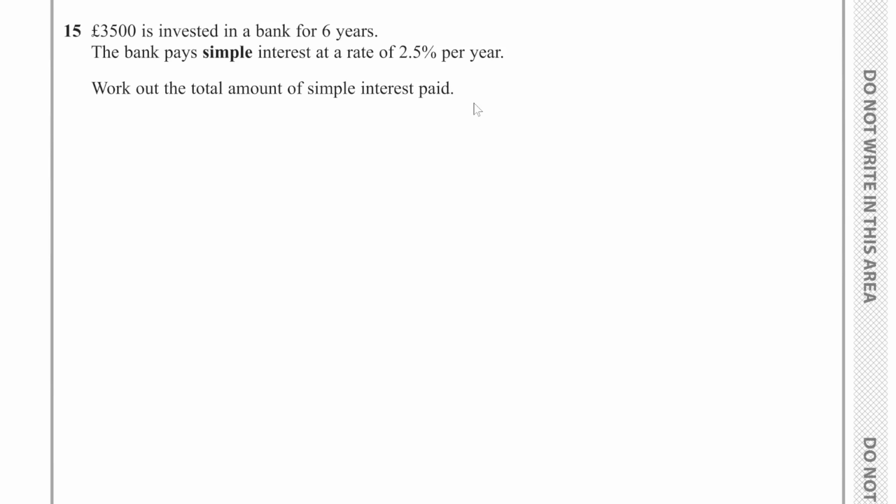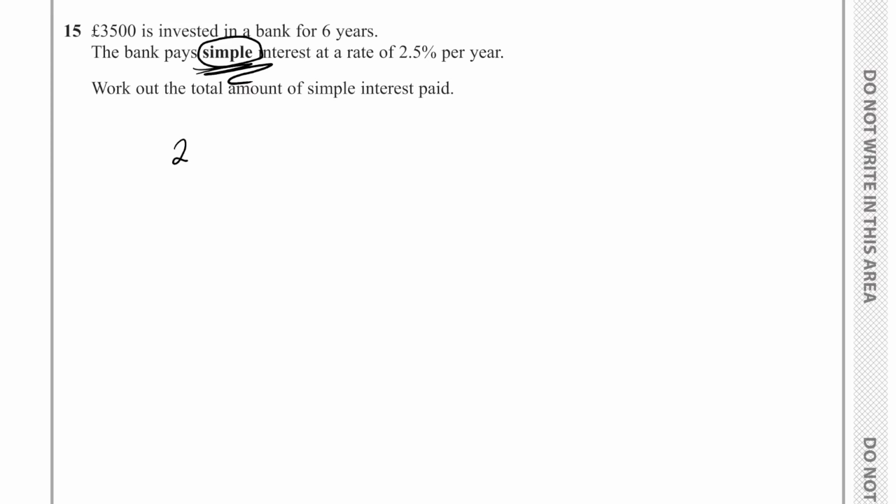Question 15. £3,500 is invested in a bank for 6 years. The bank pays simple interest at a rate of 2.5% a year. Work out the total amount of simple interest paid. So when we have simple interest, the amount stays the same every year.